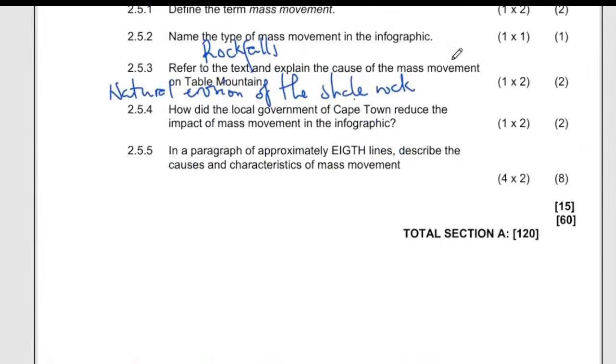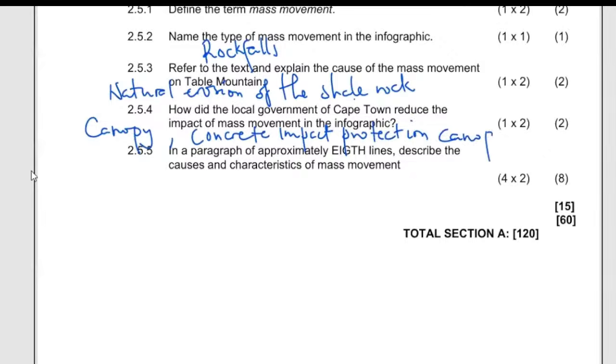So for our response, we can say the local government there has introduced a concrete canopy to cover up the tunnel, or we can say they have applied a concrete impact protection canopy to reduce the impact of the rocks falling on the road. They've put a canopy to cover.